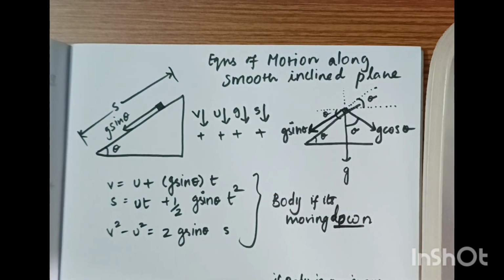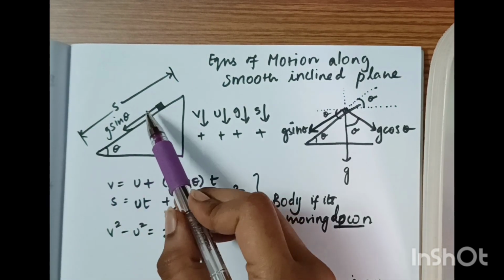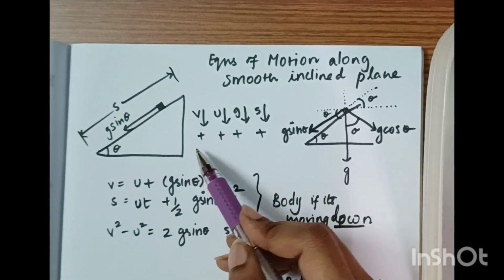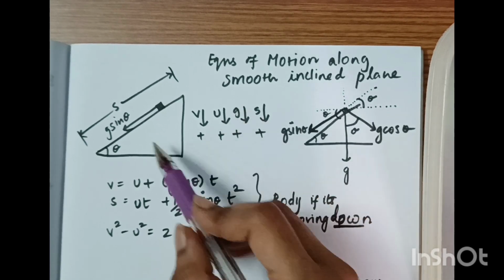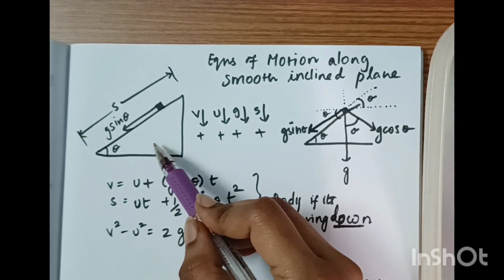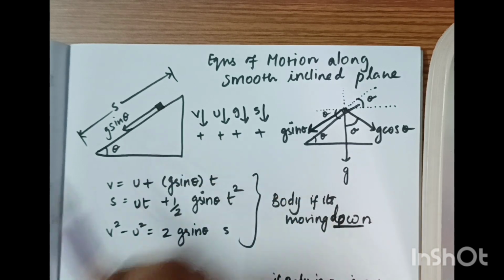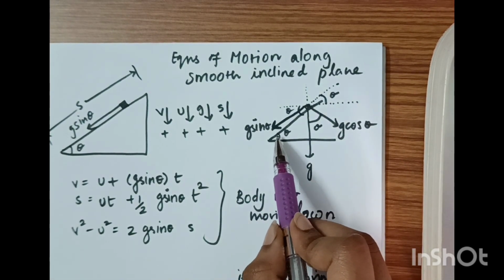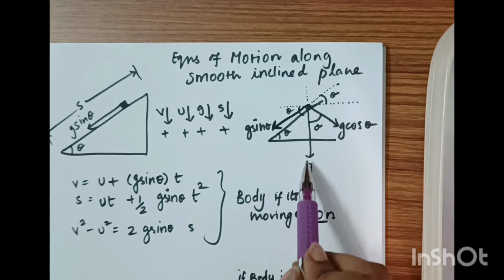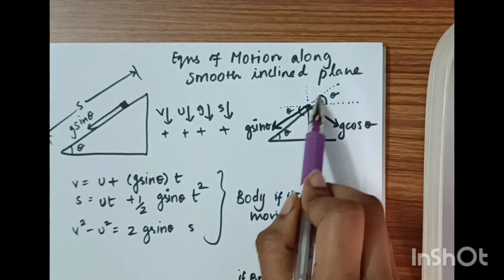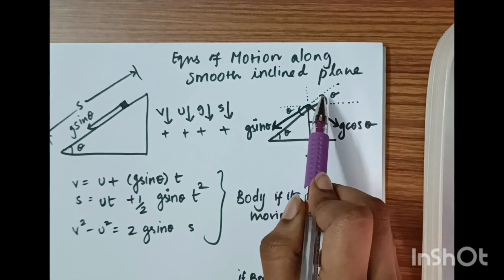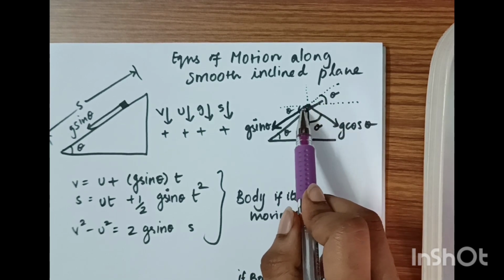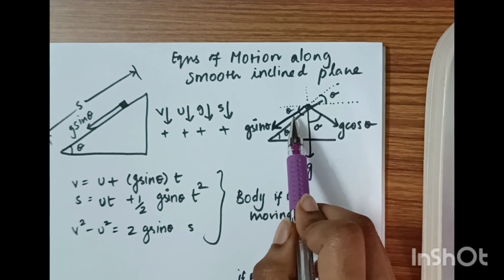Now we have to consider g, that is acceleration due to gravity. Its component should be in the direction of motion. The direction of motion is this one, while the actual acceleration due to gravity is directed downwards. So we have to consider its component along the direction of motion. Let us resolve its components. This is theta, it is inclined at angle theta. If this is theta, then vertically opposite this is also theta.